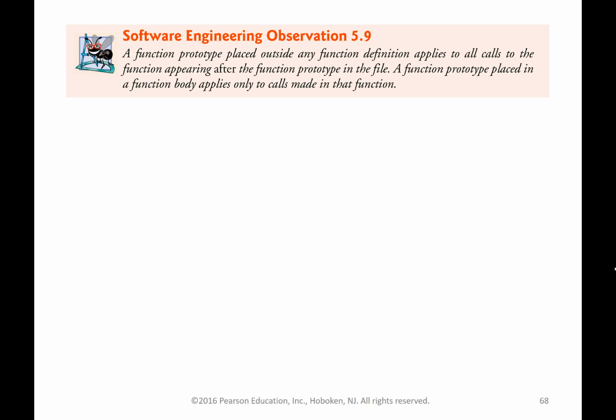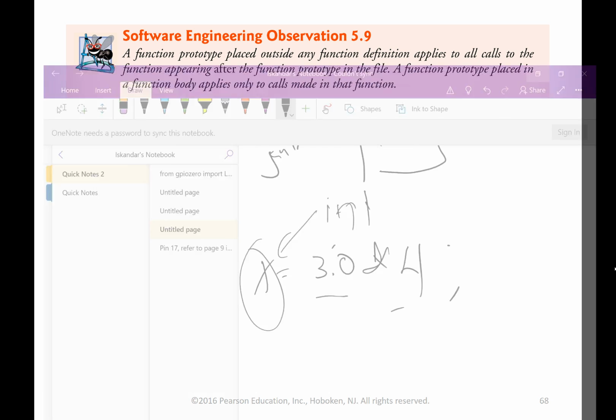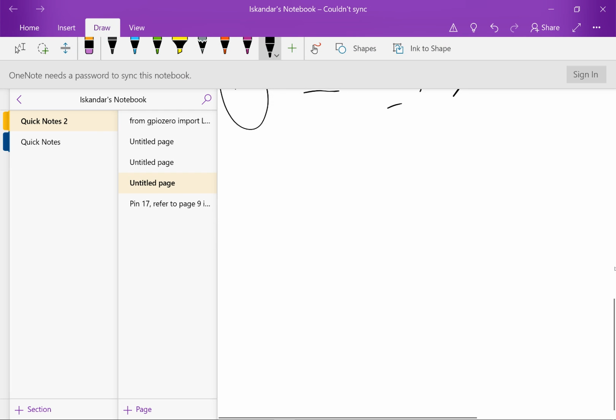So when you look at the order of your code, the first thing you're going to have is all your comments. It tells what your code is. Then you'd have all your includes. Then your function prototypes.